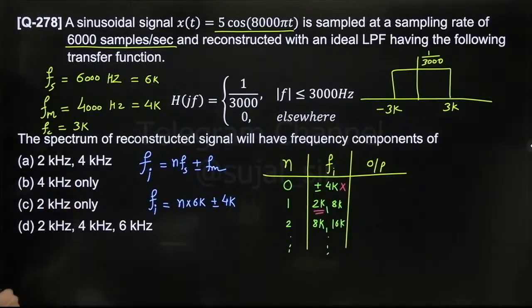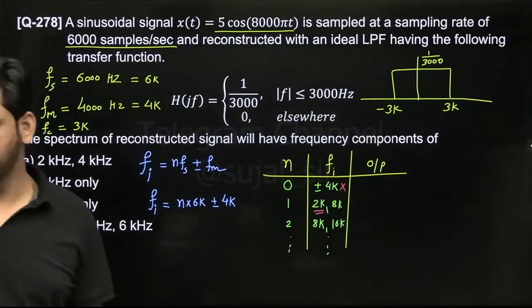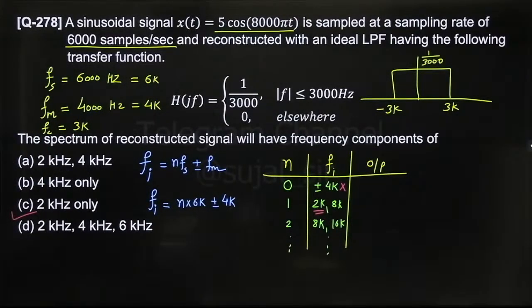So which option? 2k hertz only, guys. Option C. Is this clear? Very much interesting concept, guys. Option C, very much interesting concept.